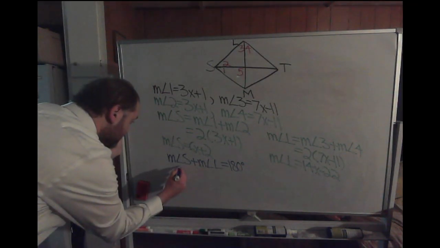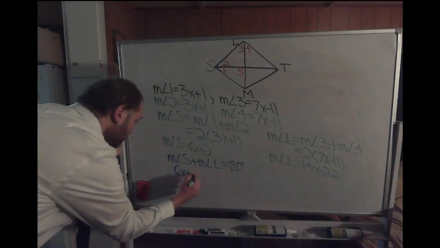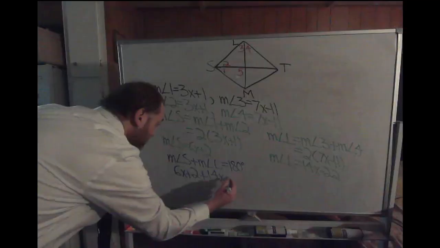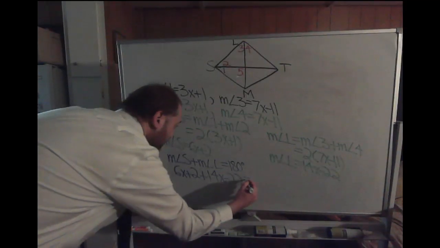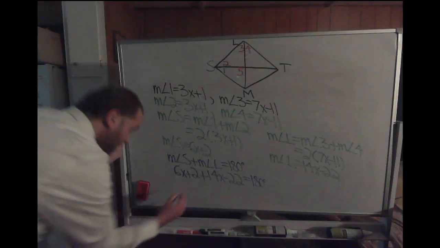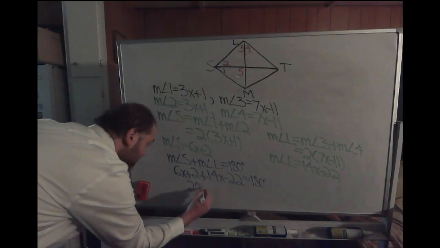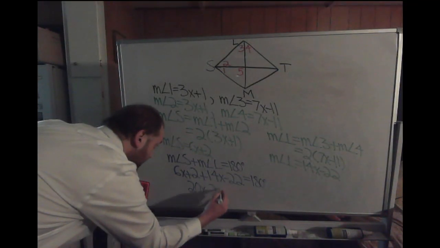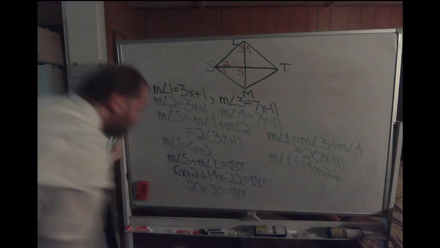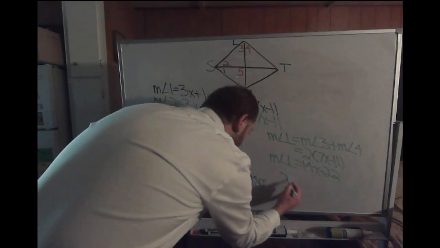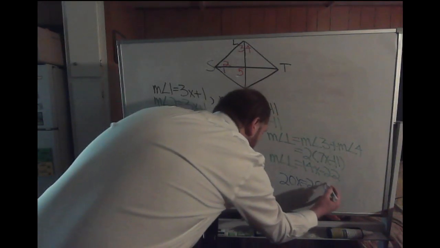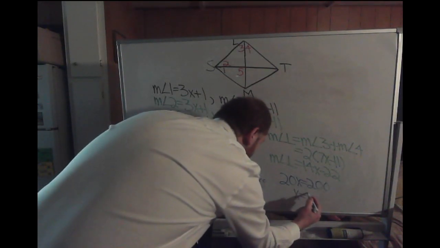So that means 6x plus 2 plus 14x minus 22 equals 180 degrees, which would break down into 20x minus 20 equals 180 degrees, which would then just give you that 20x equals 200, which means x equals 10.